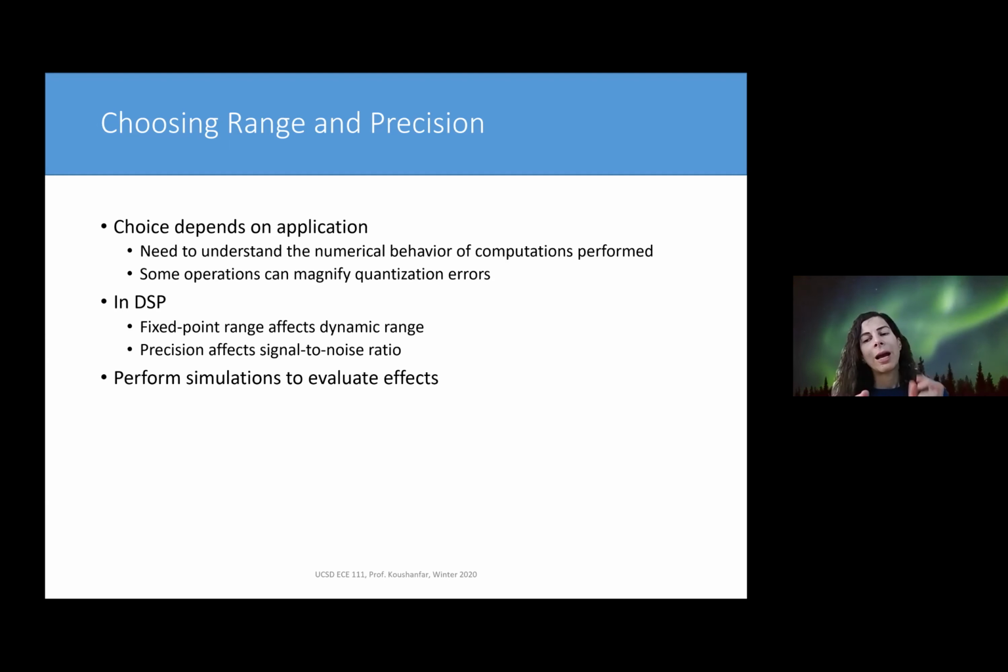If we have 2 bits after the floating point, the most accurate you could become is 0.25. If you have 4 bits after that, the most accurate you would become is 1 over 2 to the power 4, which is 1 over 16. So there's always this notion of quantization, and you have to make sure that you choose the range and this precision correctly.